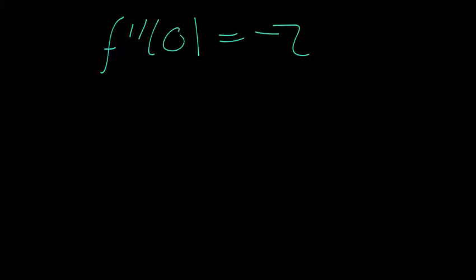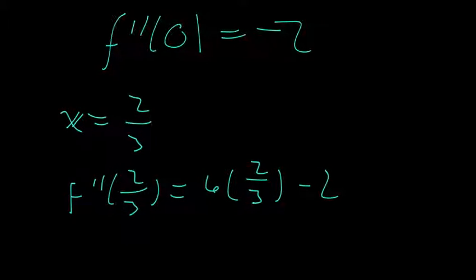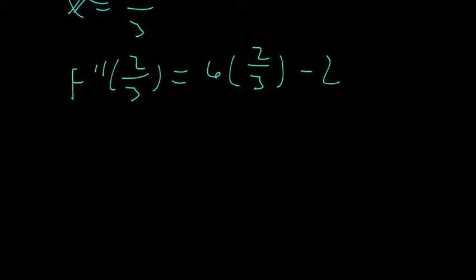Now let's plug in the other point, x equals 2/3. At f double prime of 2/3, we have 6 times 2/3 minus 2. And this comes out to be equal to 2.